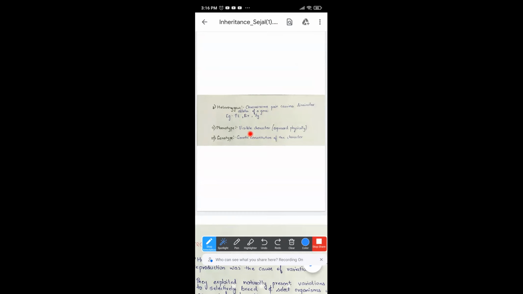Phenotype. A phenotype is a visible character that we can see. If a person is tall, we can say that person is tall, but we can't say that person is heterozygously or homozygously tall. So a phenotype is a character which can be expressed physically.